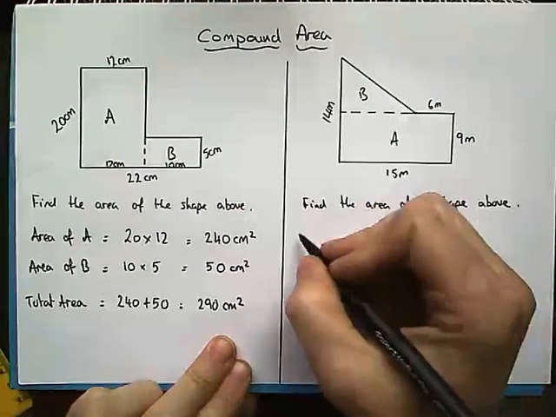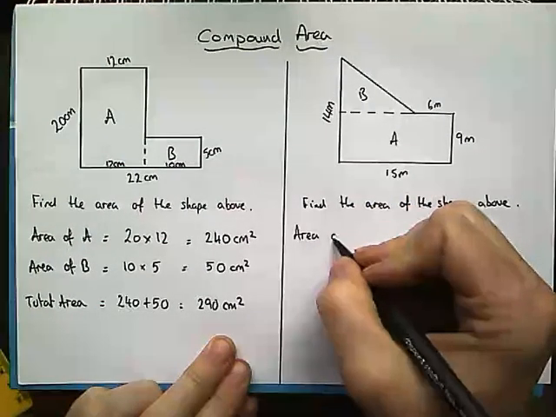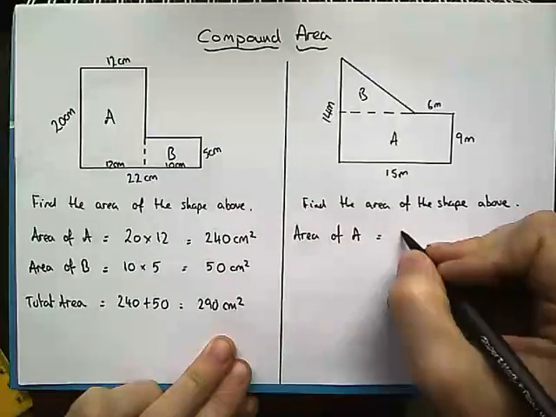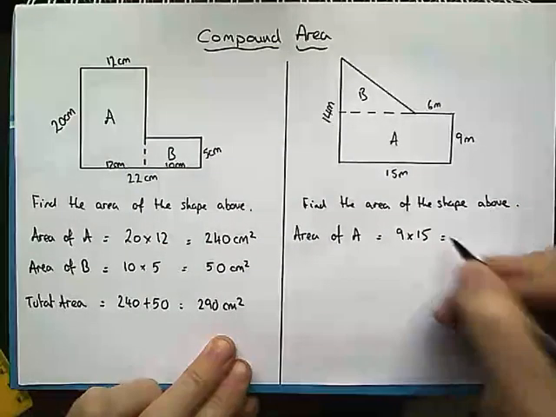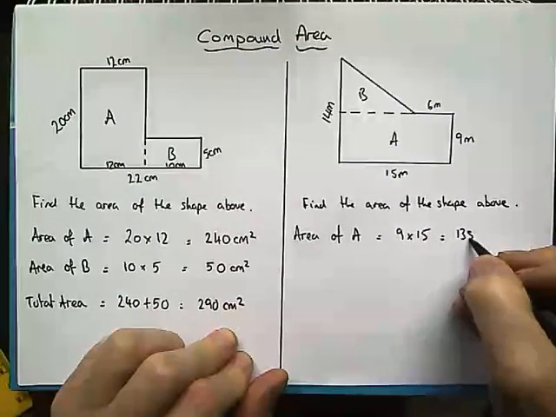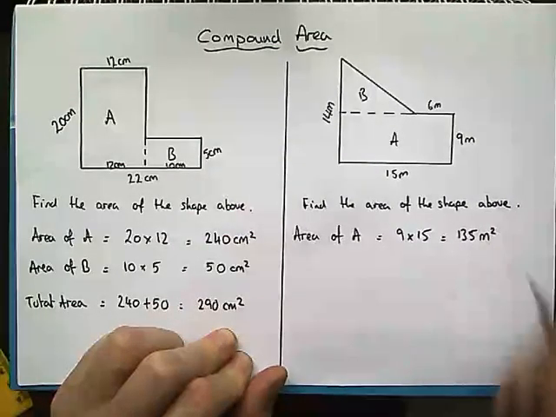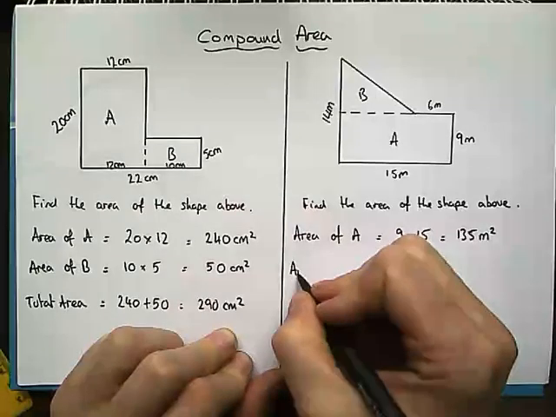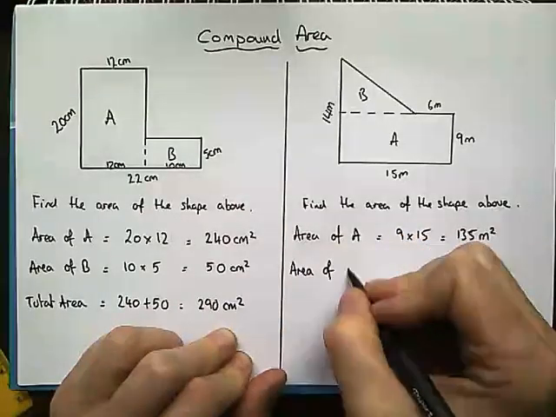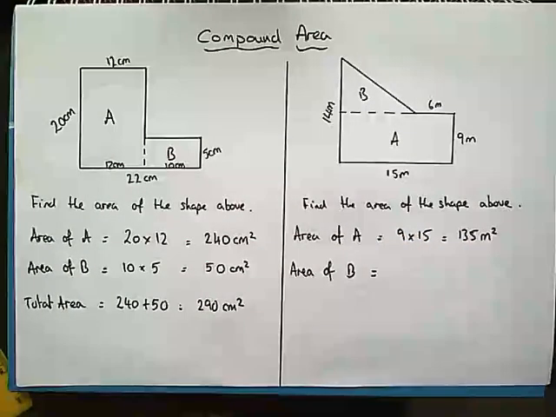So area of A equals 9 times 15, which equals 135, and this is meters, so it's meters squared. Area of B. So what we have here is a triangle.